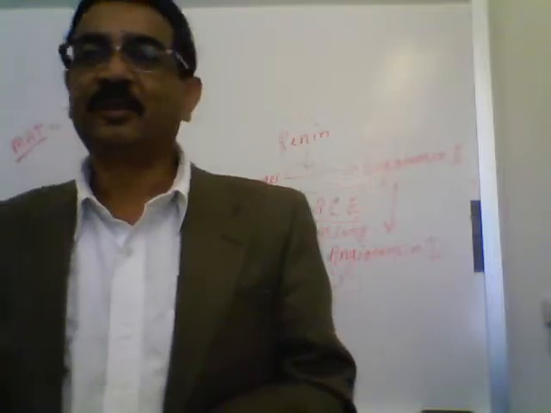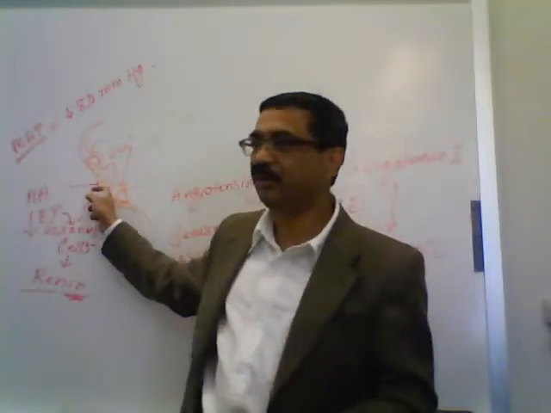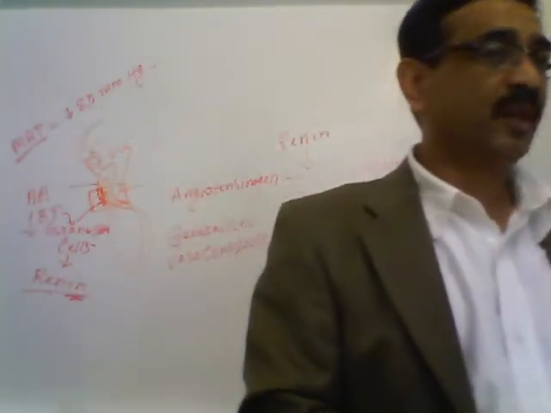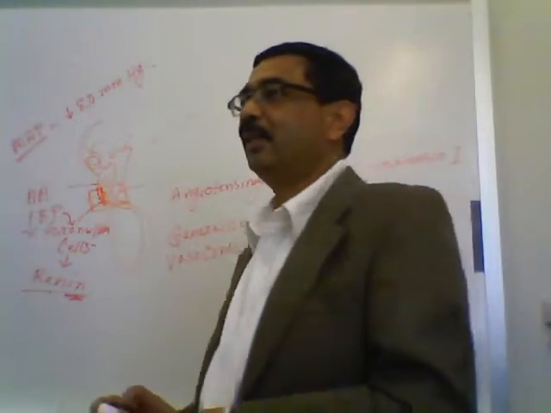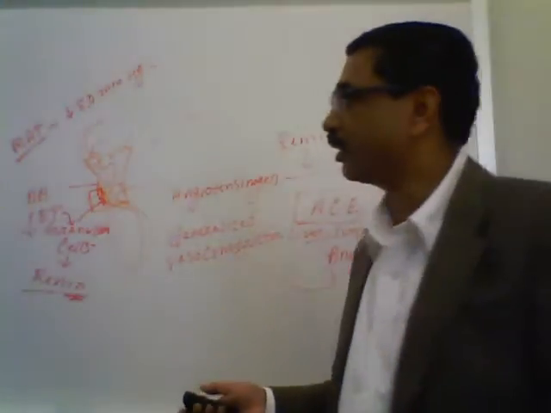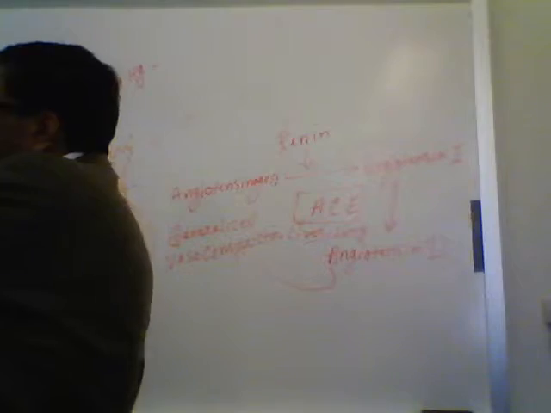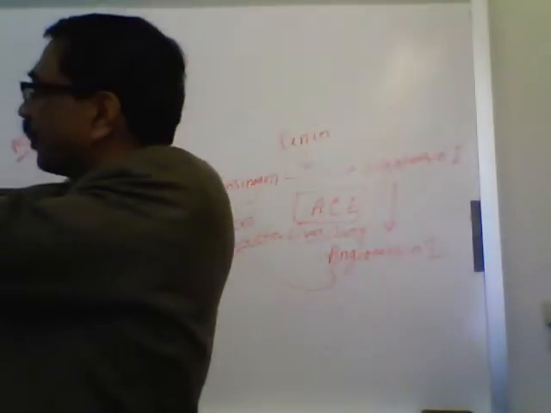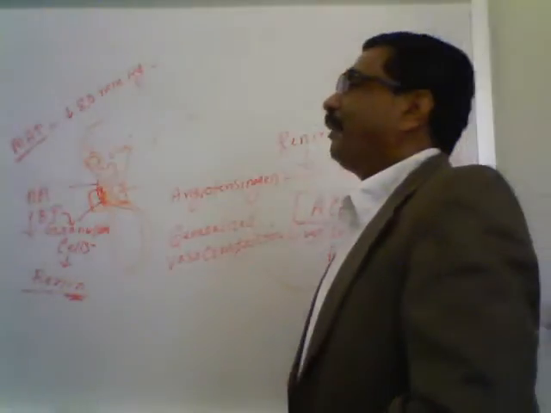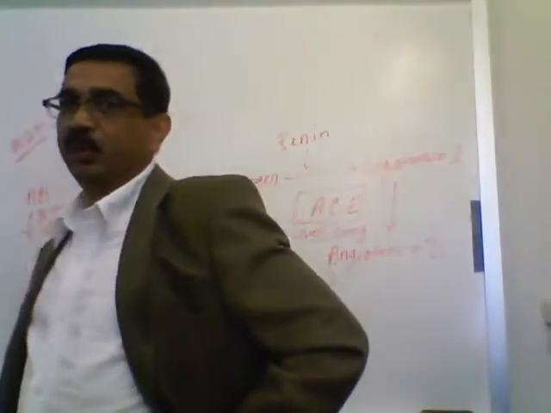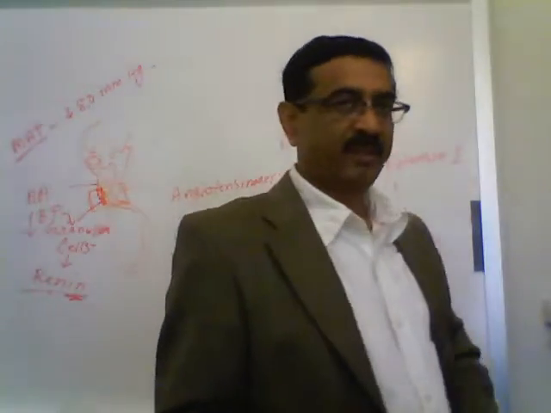Make sense? So the blood pressure will come back to normal. So renin is released when the blood pressure goes down, and that produces the angiotensin 2 that causes generalized vasoconstriction to increase the blood pressure. That's the main action of angiotensin 2.